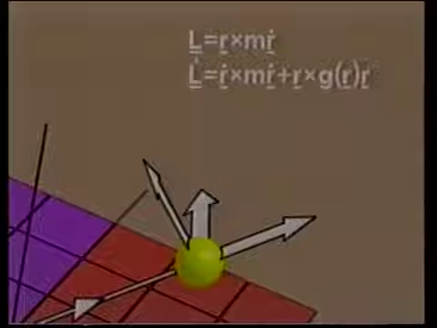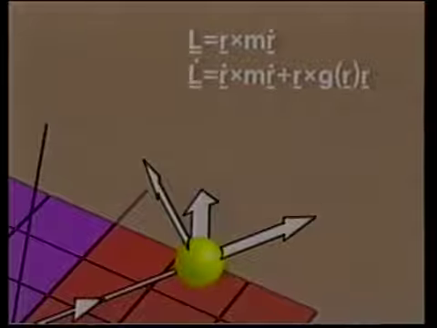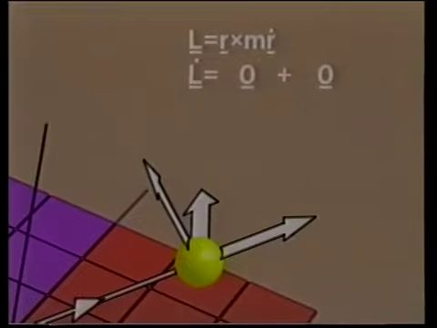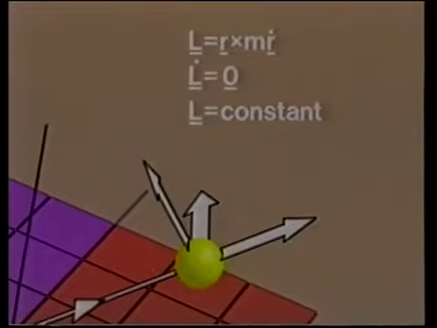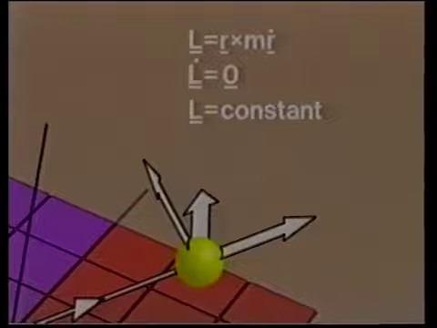So I've got two terms on the right-hand side, which are both cross products of identical vectors. And a vector crossed with itself is just 0. So both terms are 0. So L dot is 0, which means that the angular momentum is a constant. In other words, angular momentum is conserved for motion under a central force.